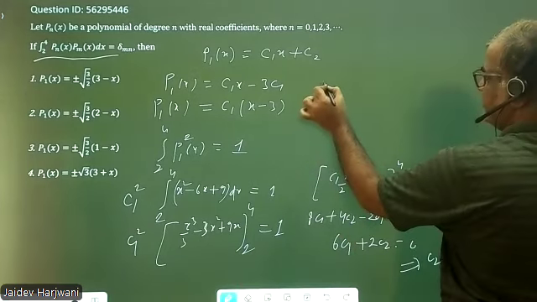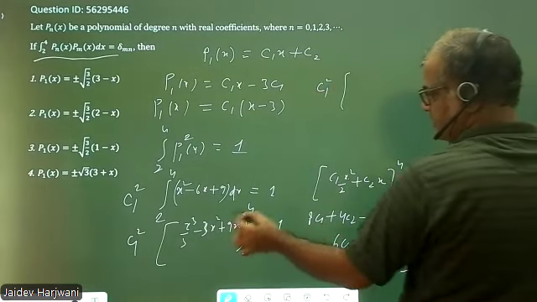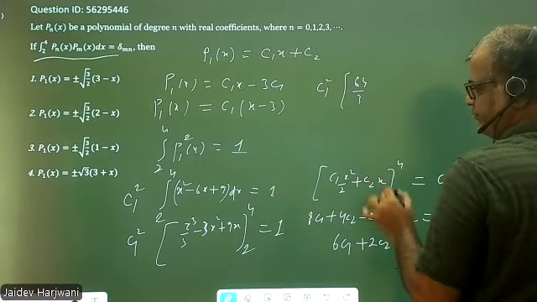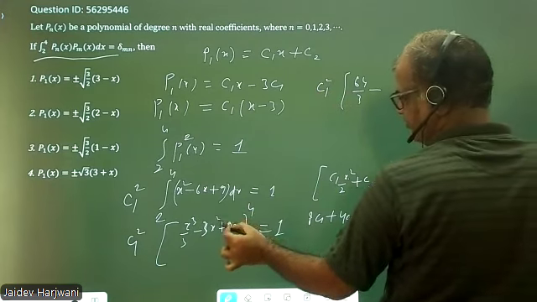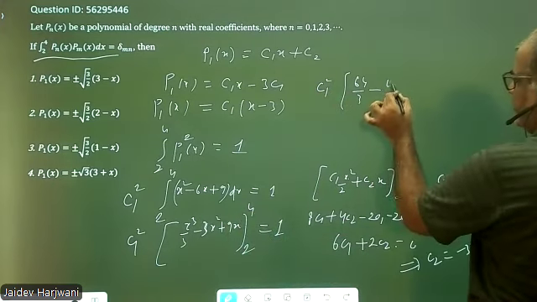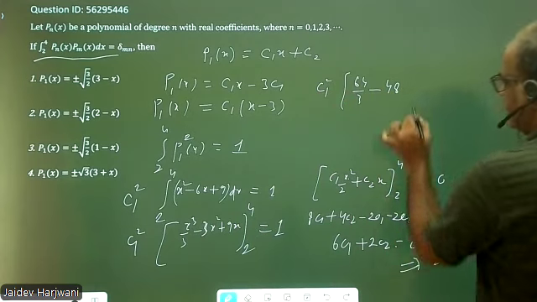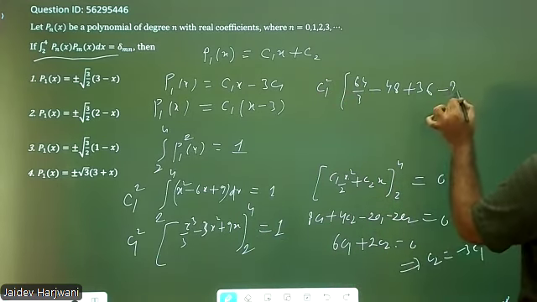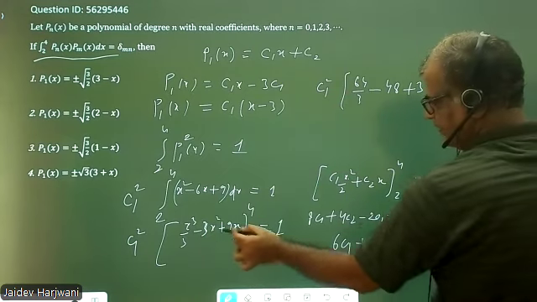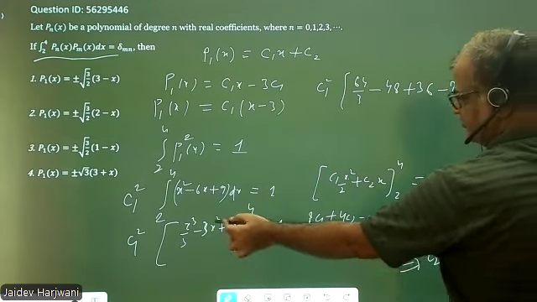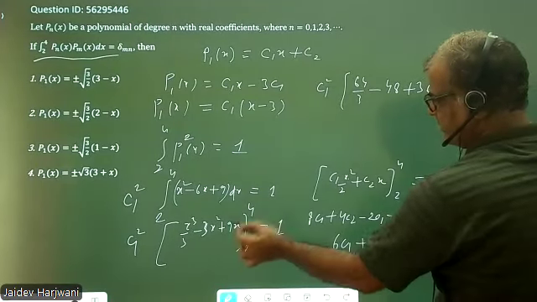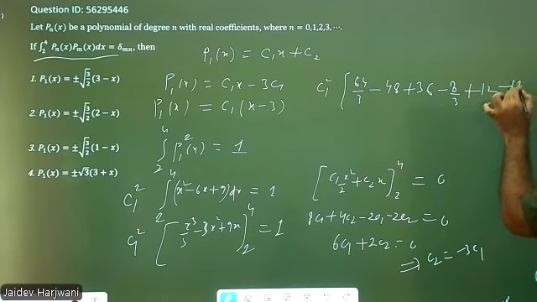And now you use C1 squared times: 64 by 3 minus 48 plus 36 minus 8 by 3 plus 12 minus 18, and this is equal to 1.